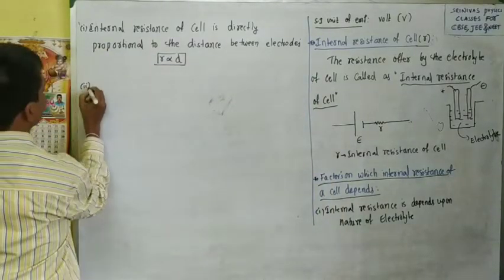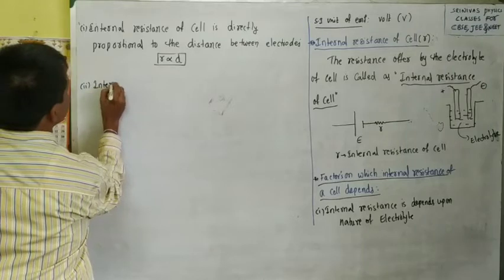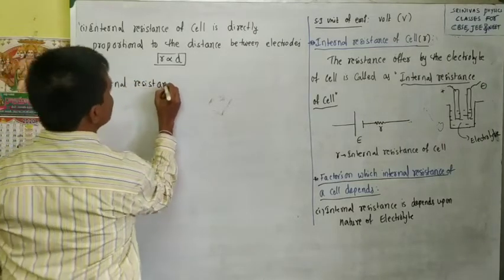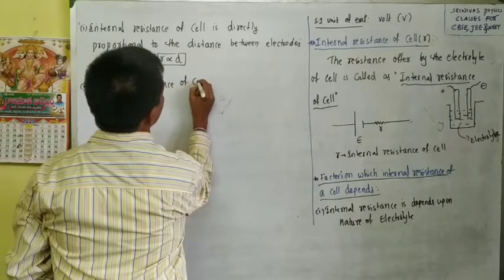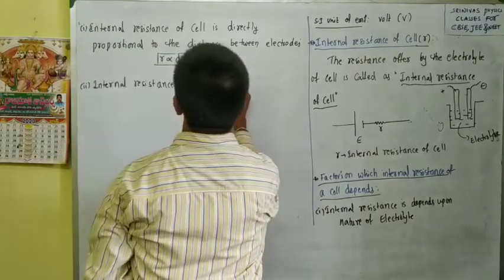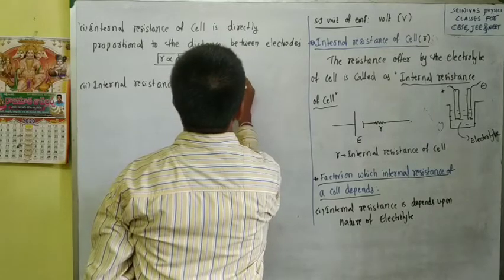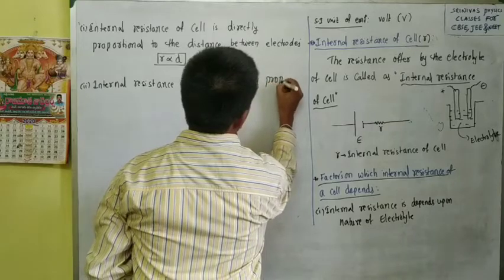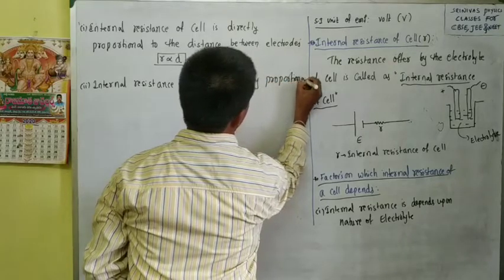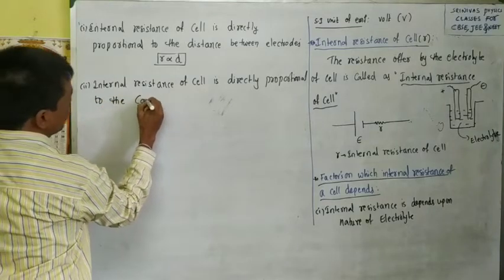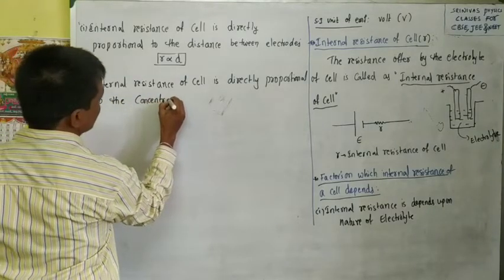The next point is that the internal resistance of the cell is directly proportional to the concentration of the electrolyte. The electrolyte is the solution.